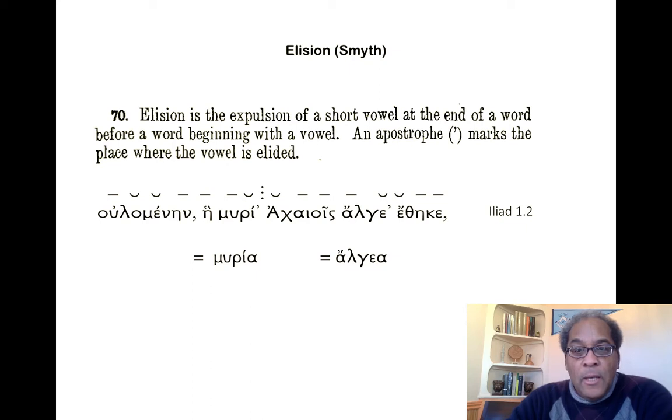You see muri' with the apostrophe, and the alpha has been elided so that you don't have the alphas colliding. And alge', the alpha has been elided so that you do not have the vowels meeting.